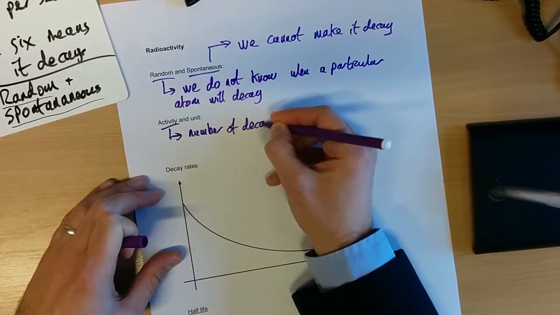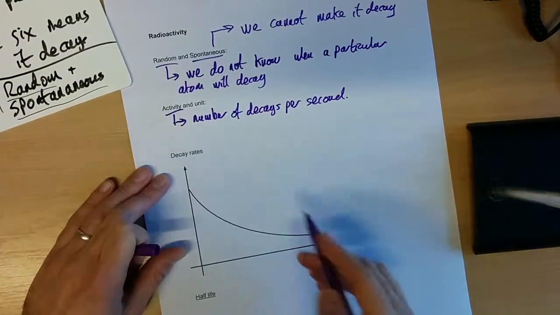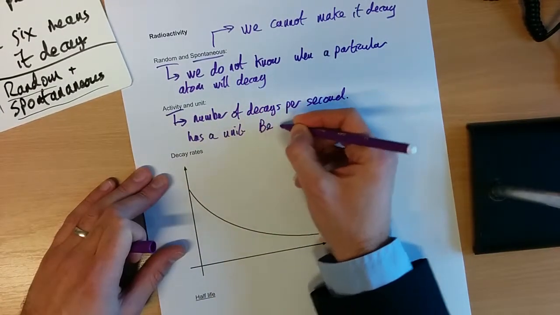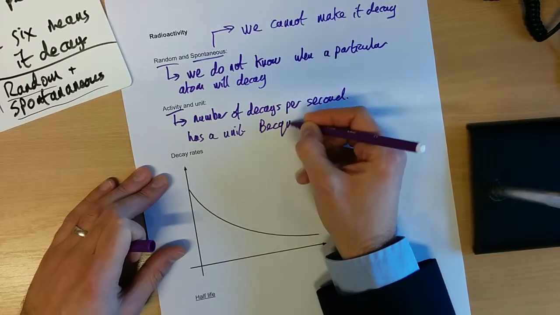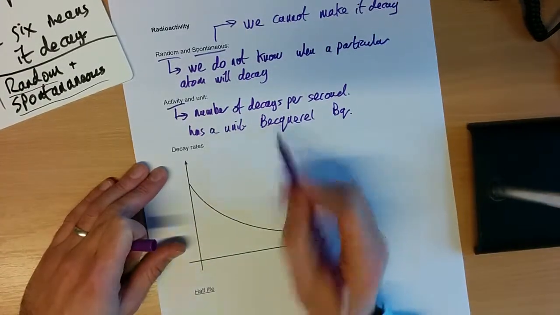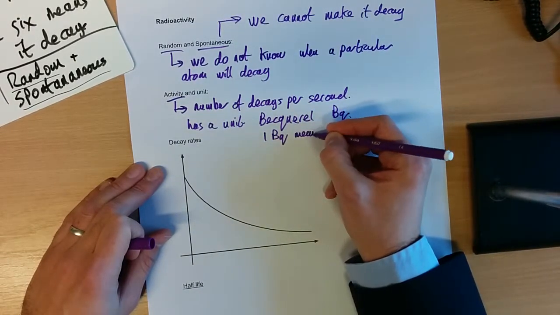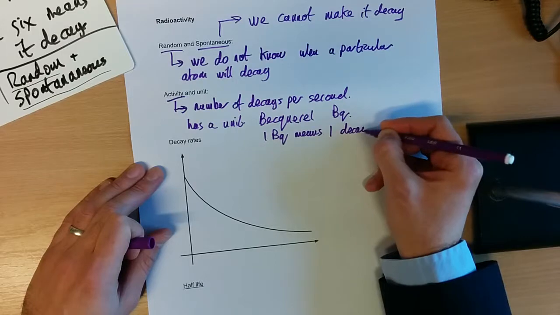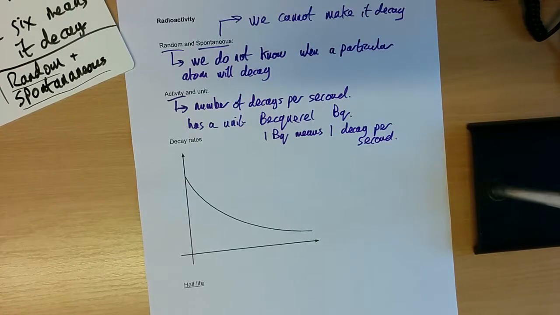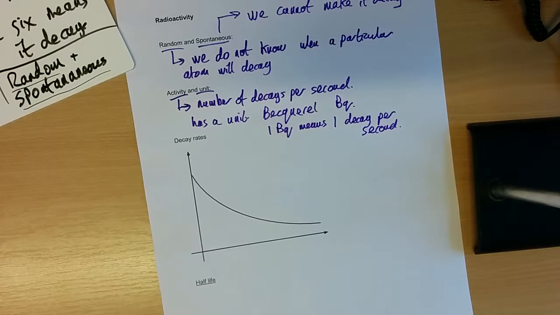I didn't mention, but it has a unit, the becquerel, B-E-C-Q-U-E-R-E-L, or the Bq. 1 Bq means 1 decay per second. So that's our activity, the number of decays per second, and it has a unit of 1 becquerel.